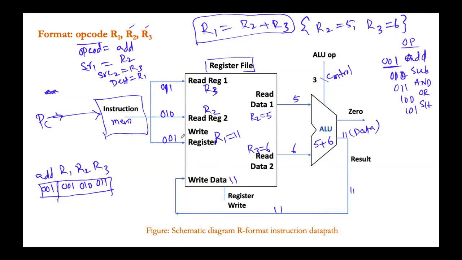So this is the data path of your R-format instruction, or we call this the arithmetic and logic unit data path.